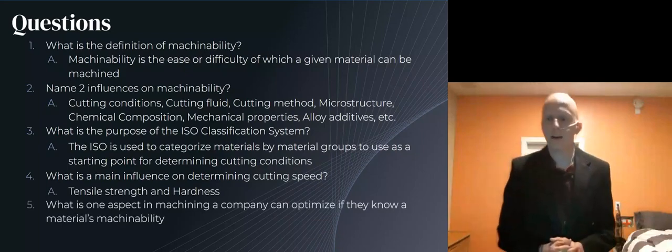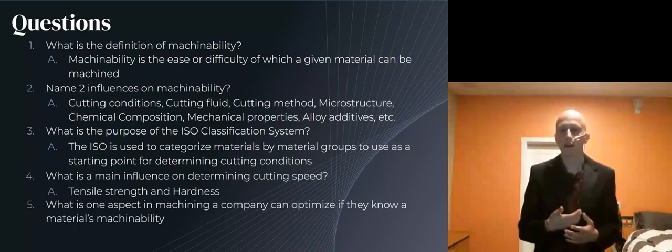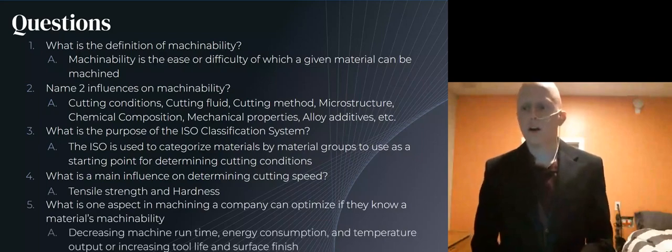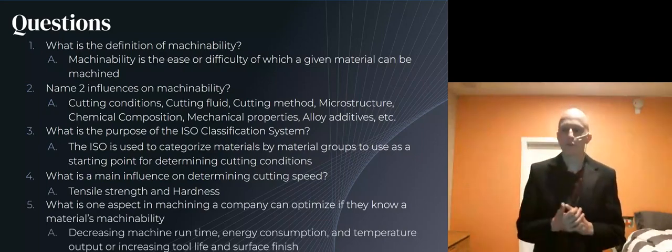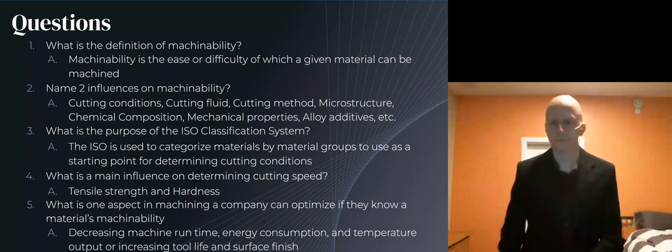And finally, there are many aspects that a machining company can look at to optimize if they know a material's machinability, but a few of these are to decrease runtime, energy consumption, or increase tool life and surface finish.